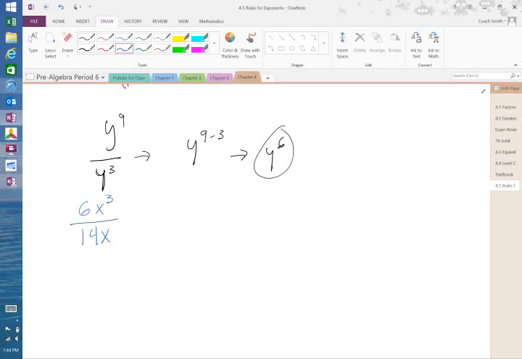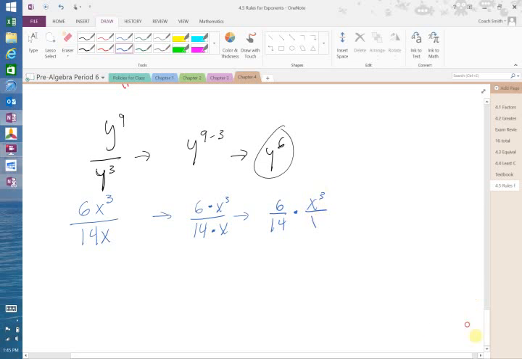The first thing we're going to do is to understand that those two problems are equivalent. Okay? Because that's what 6x to the third means, 6 times x to the third. So that means I can do this. Okay, that is an equivalent expression.